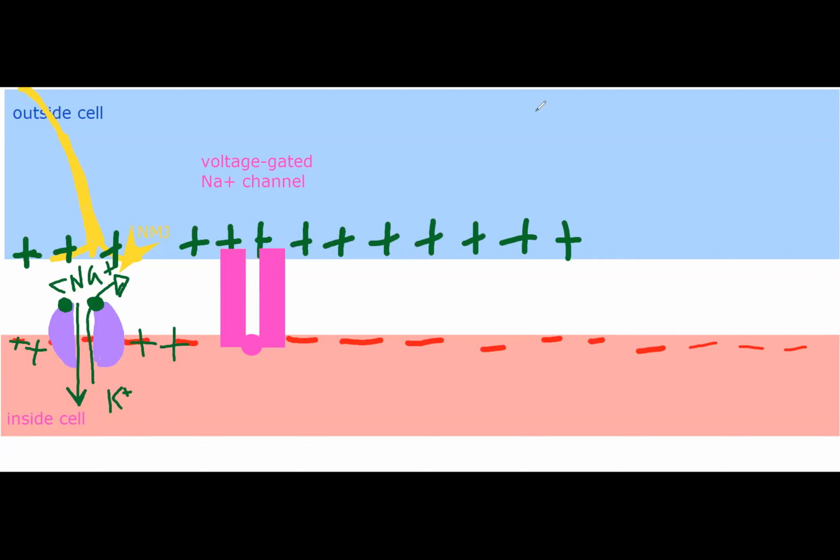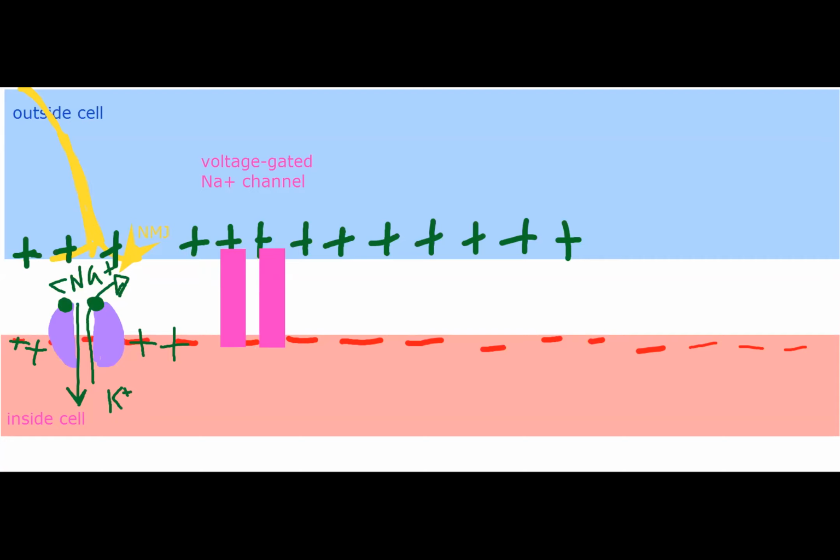If enough change happens in this location, if there's enough change in this membrane potential, then this will stimulate our voltage gated sodium channels. Here, this pink channel to the right, it's going to stimulate that channel, and that channel is now going to open.